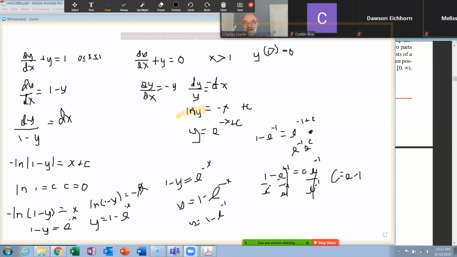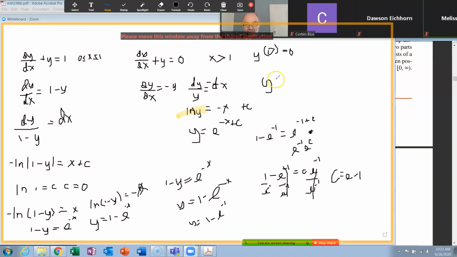So our solution for this side is this. Y is equal to e to the minus x. Boy, the pen is just going anywhere it wants to. Now this is the new c here.